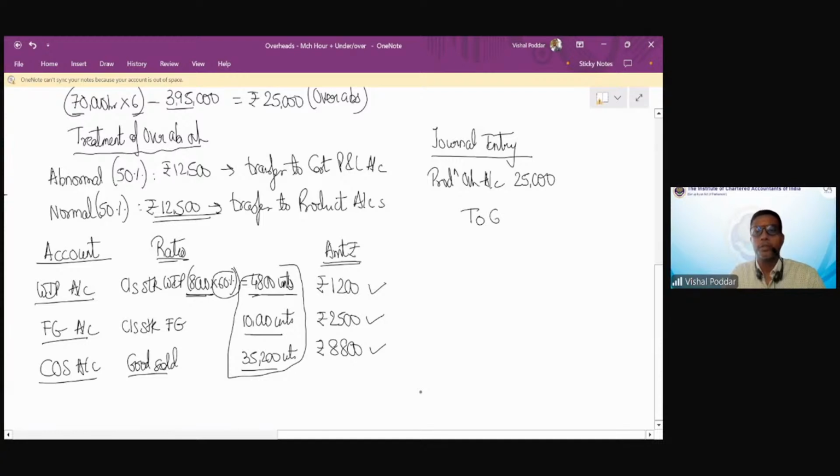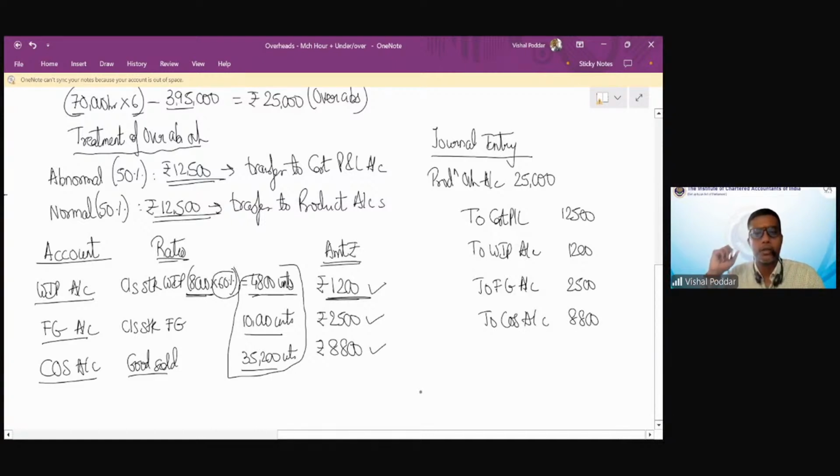And how this difference is treated: it is transferred to all these accounts. So costing P&L, how much did we transfer? We transferred 12,500. WIP 1,200. Finished goods 2,500 and 8,800. So this is the journal entry for the treatment.